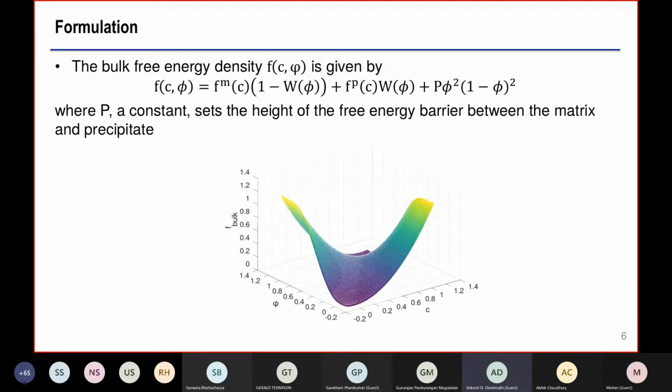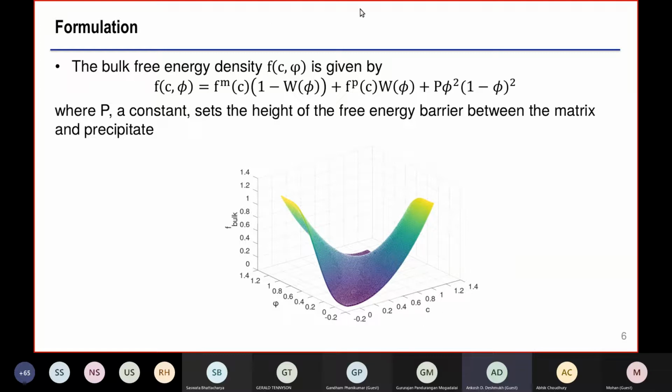Then, combining all the Gibbs free energies, we write the entire free energy of the bulk system, which has the minima, the double well potential inclusion here, and the contributions from the bulk phases, which are interpolated through this function. The 3D plot can be seen here with two wells, as a function of phase field and composition.